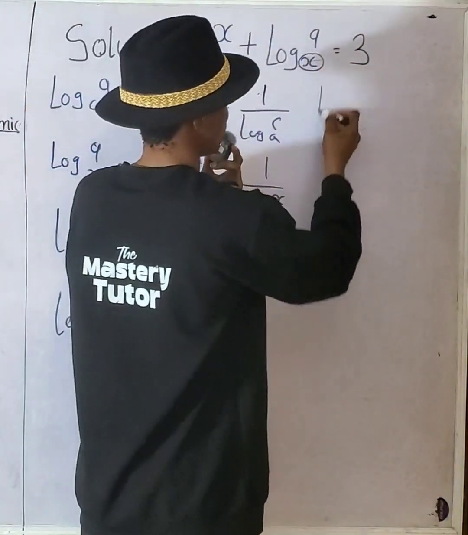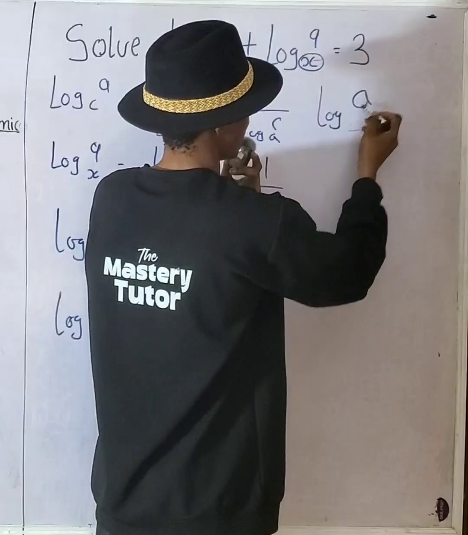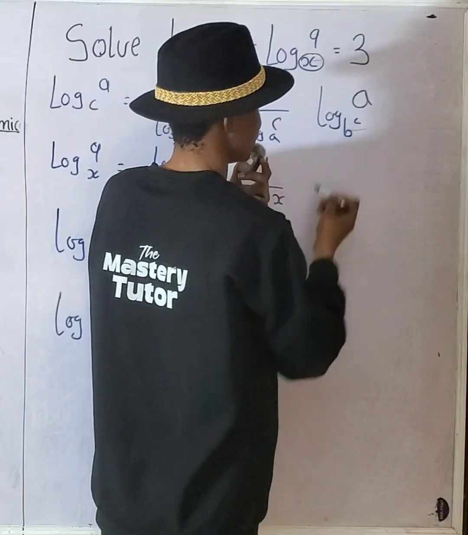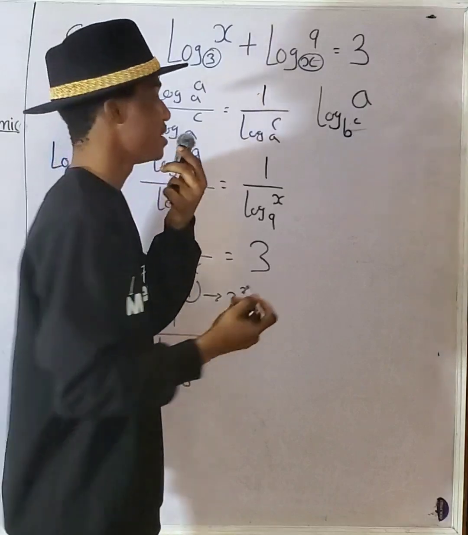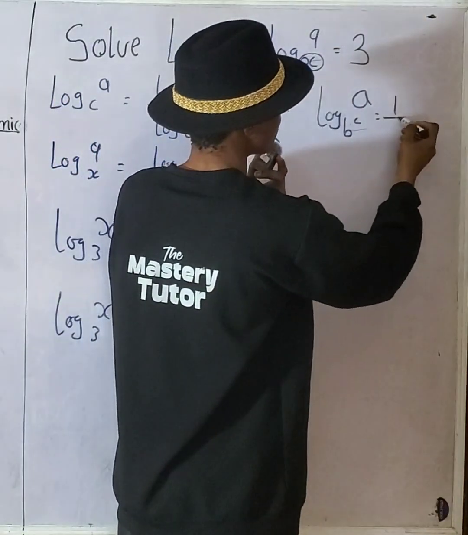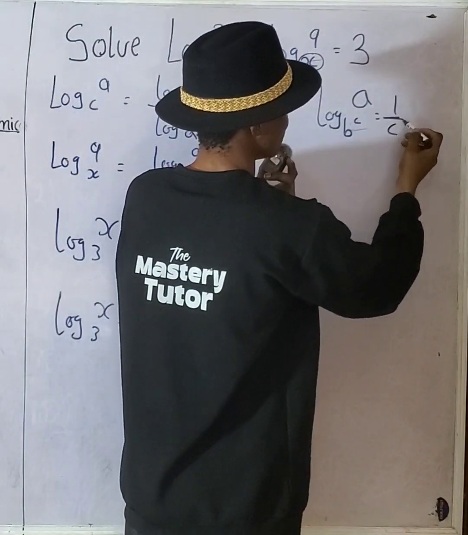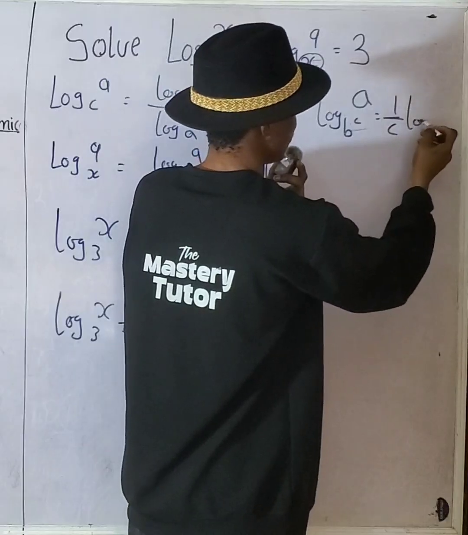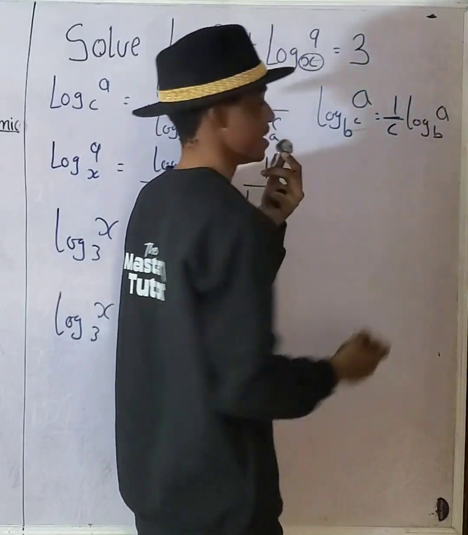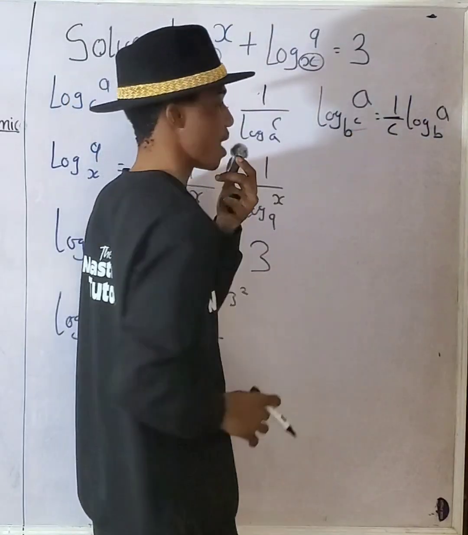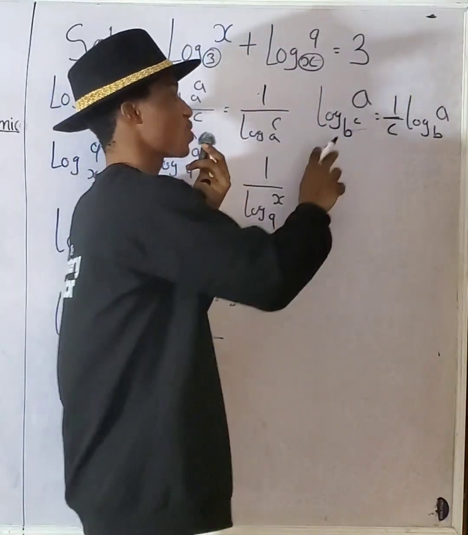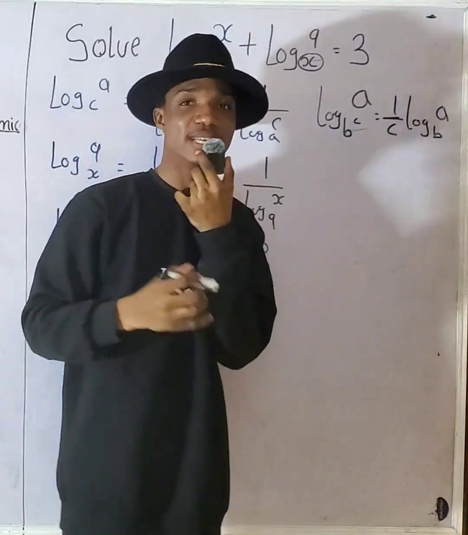If you have log a base b raised to the power of c, if you have a log whose base is raised to a power, the result will be the inverse of the power which the base is raised to, multiplied by the logarithm. Okay, it's simple. Anytime you have the base of a logarithm raised to a power, the result will be the inverse of the power multiplied by the logarithm.